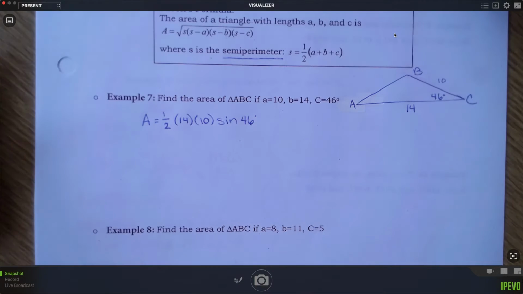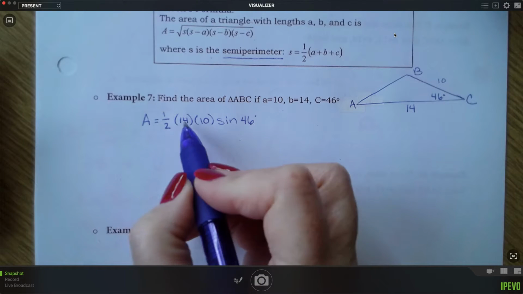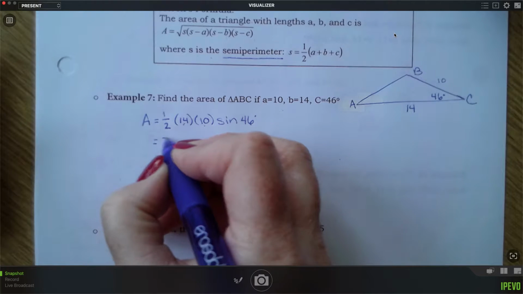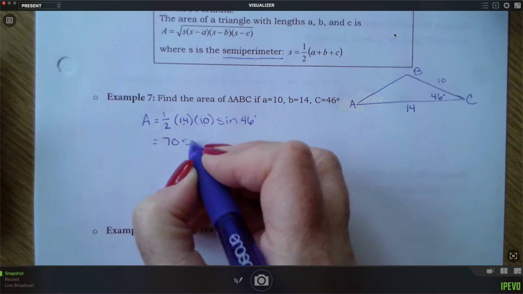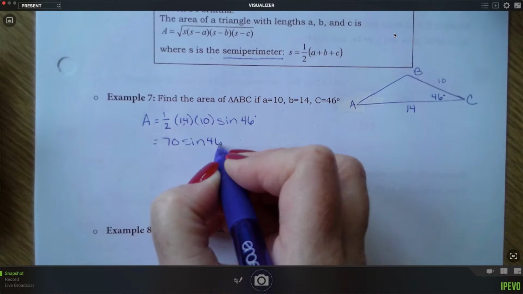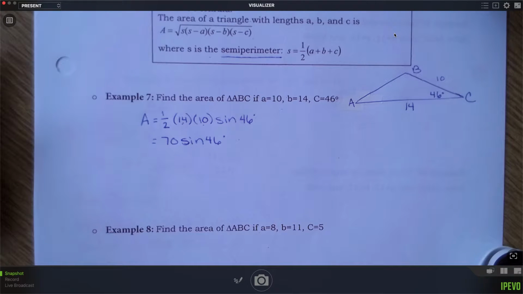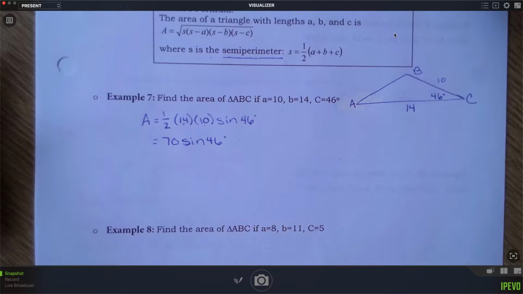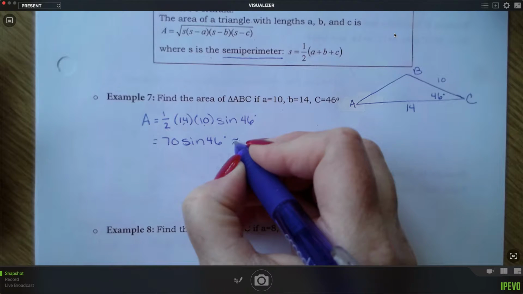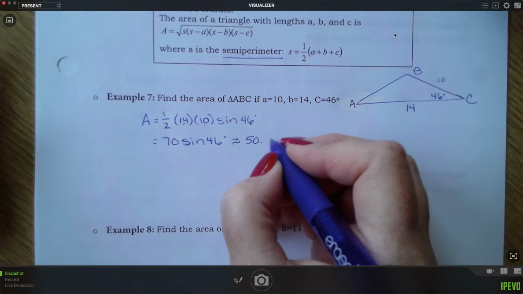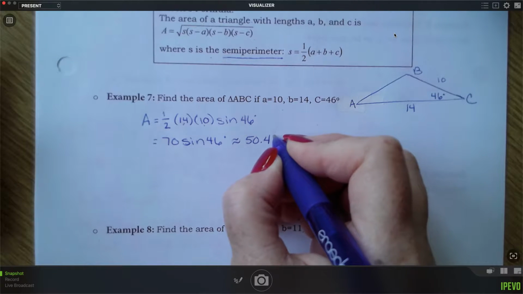We're going to have to use a calculator eventually, but we could take half of 14 and get 7, and 7 times 10 is 70. So we put 70 sine of 46 in our calculator, and I get approximately 50.4.